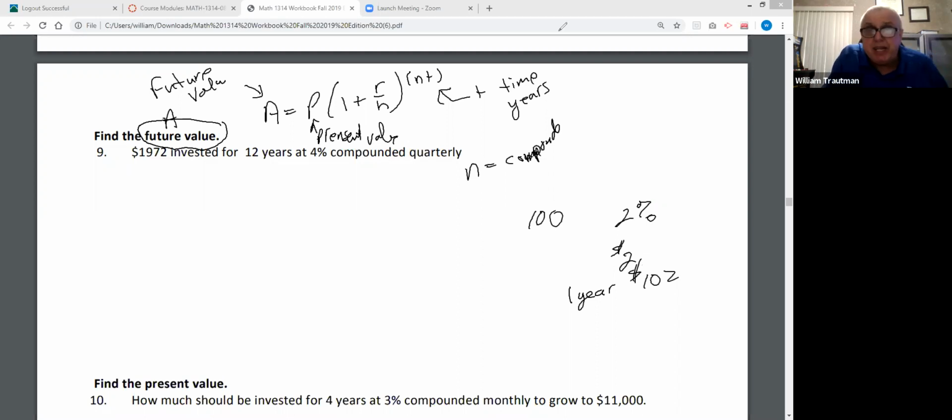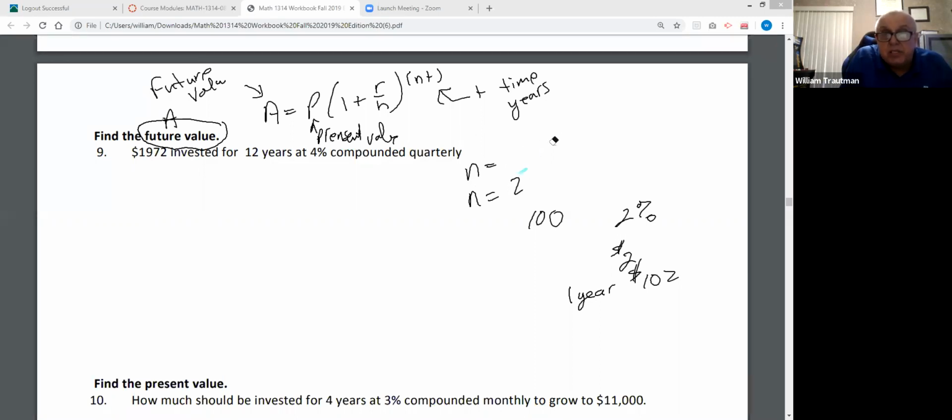Now, some banks compound interest once a year. That's very few now. However, if you look at your monthly statement, some banks calculate your interest and add it to your account every month. So they compound the interest 12 times a year.